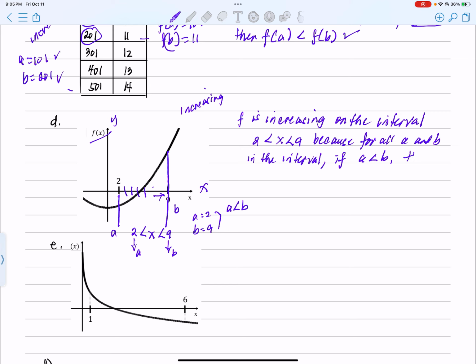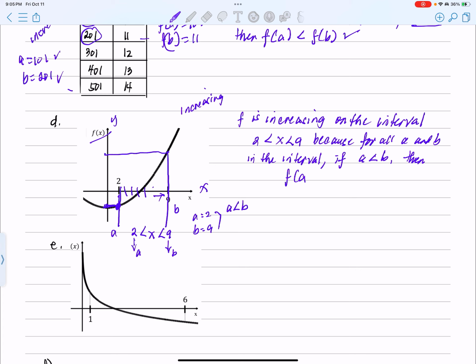Then, what can you say about the output, f of x? I'm going to say f of A. Where can we look at our output? Right here, when it crossed the graph.